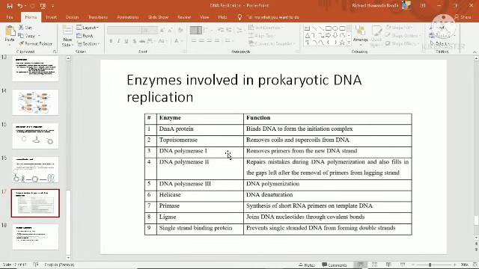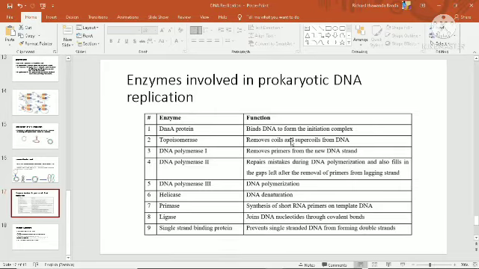We talked about DNA polymerase 1, which removes the RNA primers from the DNA strand. It will remove the RNA primers and replace them with DNA. Then you have DNA polymerase 2, which, I said, after the whole process, will go on the lagging strand because of the complex mechanism the lagging strand is synthesized in.